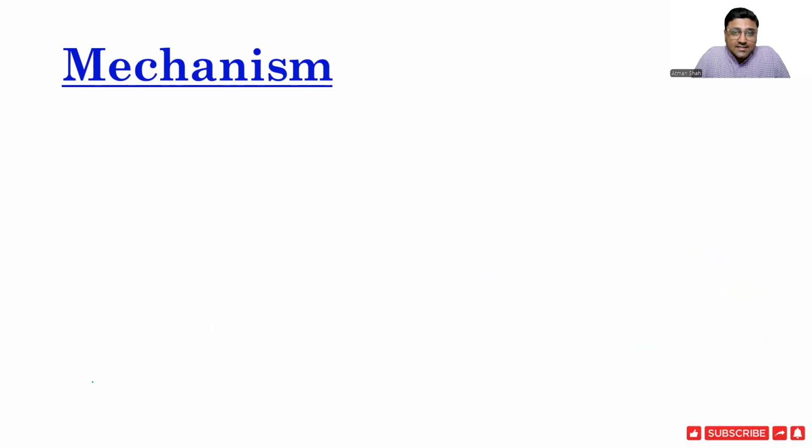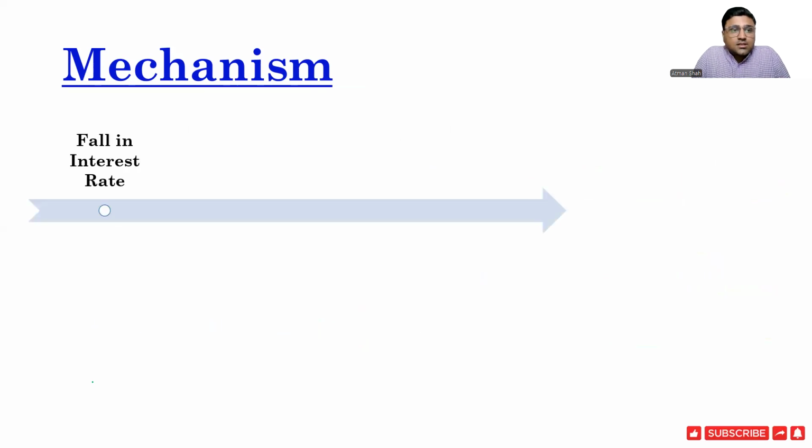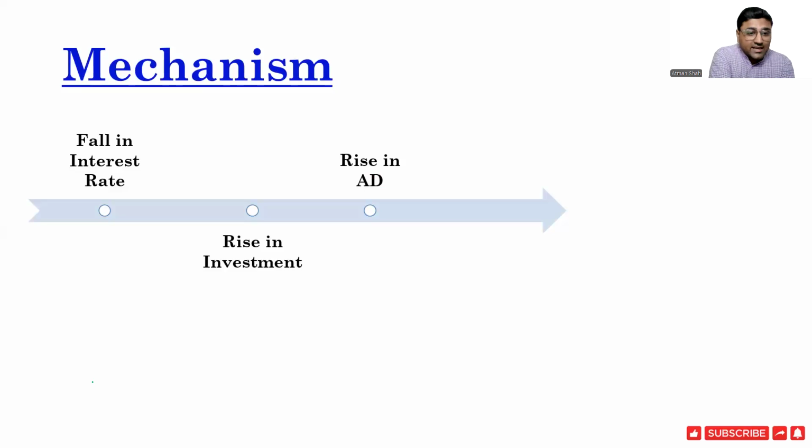Let's understand the mechanism. Suppose interest rate decreases. Now, if interest rate decreases, investment will increase because we have an inverse relationship between investment and the rate of interest. Now, if investment increases, aggregate demand will also increase because aggregate demand is equal to C plus I plus G plus NX. So if I, that is investment, increases, aggregate demand will also increase.